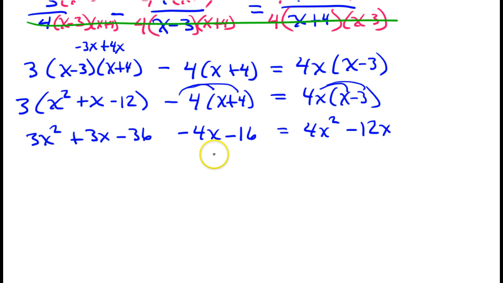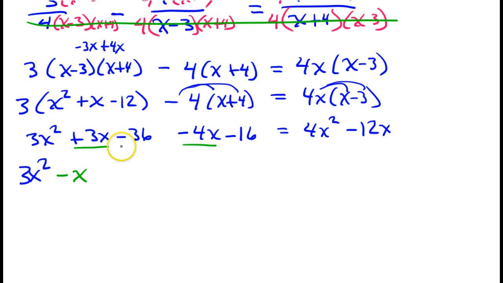Now let's combine any like terms we have on the same side. I only see one quadratic term, only one x squared term, so I'll keep that. Now I'm looking at the 3x and the minus 4x. So together that makes negative 1x, or just negative x.